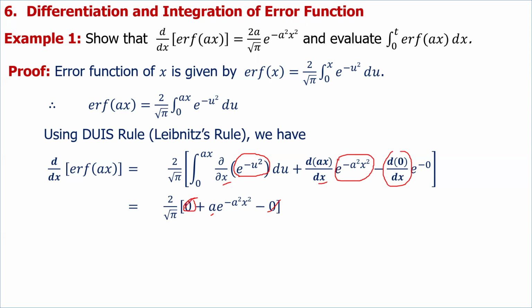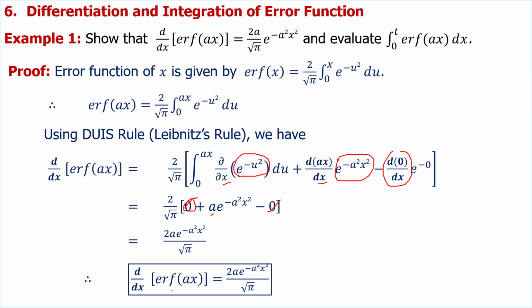These two terms will be 0. So now we have 2a e to the power minus a square x square upon root pi. This is the derivative of error function of ax, given by 2a into e to the power minus a square x square upon root pi. Now this gives our first result.